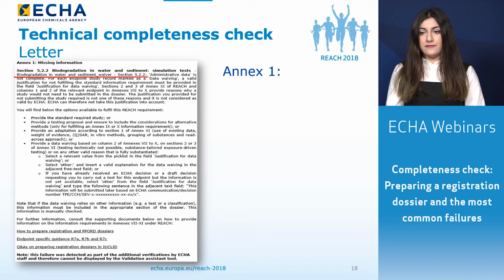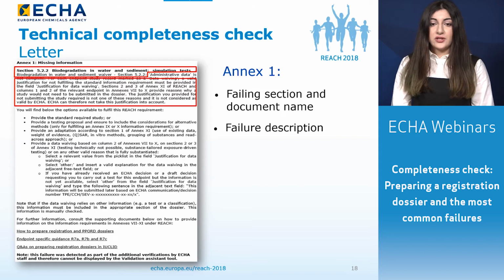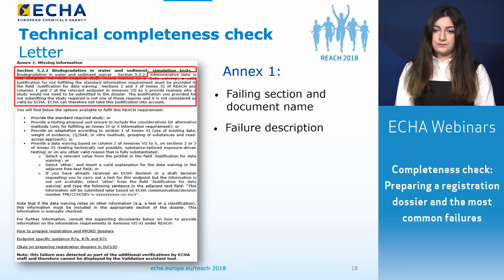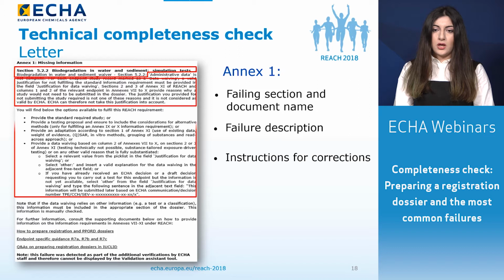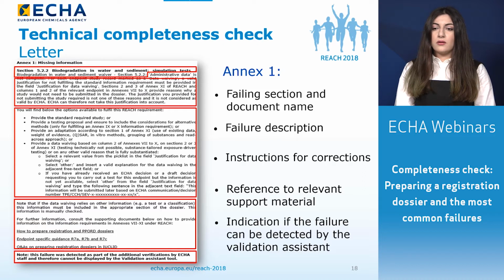In the first paragraph, you can find the failing section name, followed by the failure description. It further contains the instructions on how to correct the failure, as well as includes reference to relevant support material. The bottom of Annex 1 also includes an indication when the failure cannot be detected by the validation assistant.